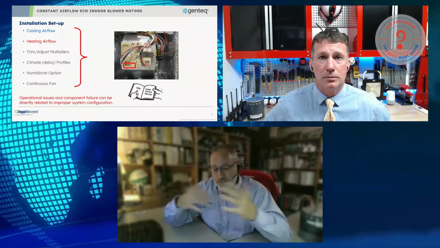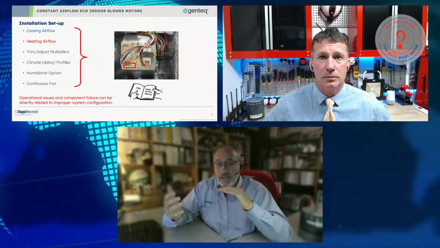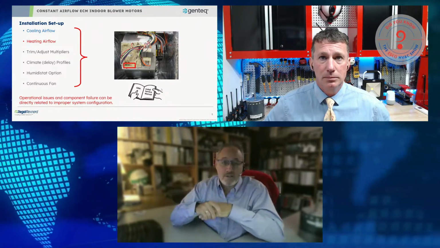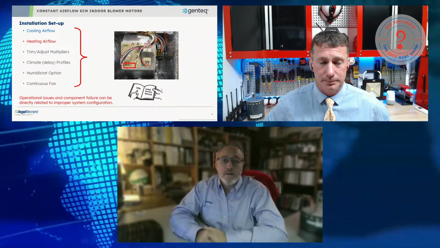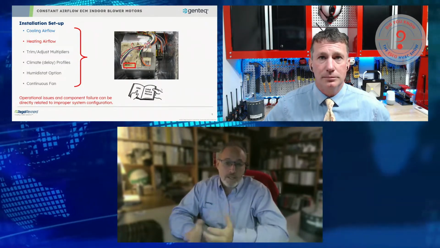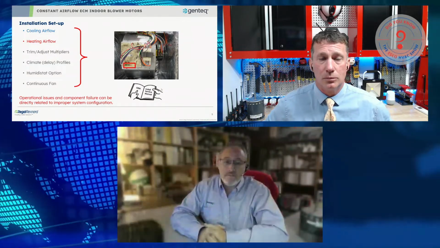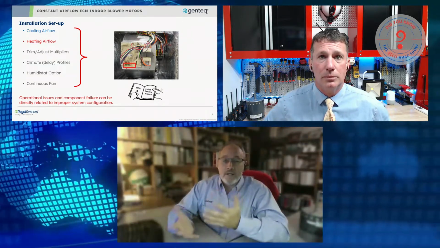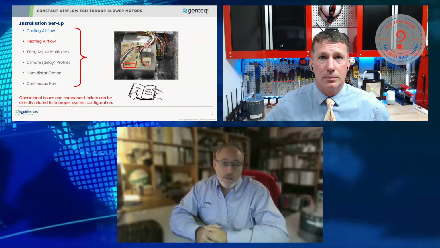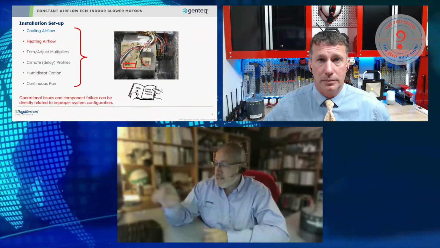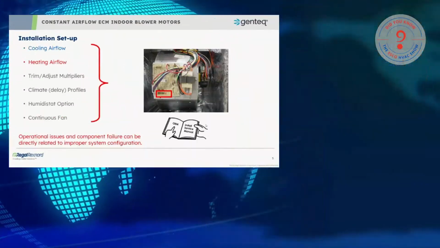So besides the fact you can have first stage, second stage, you can also have a first stage and second stage that are running at part airflow for a certain amount of time and get more latent removal. And then, of course, because the manufacturer has engineered all this in, you can get all that without having to worry about freezing the coil by just dropping a speed. And so those are all the other functions there.